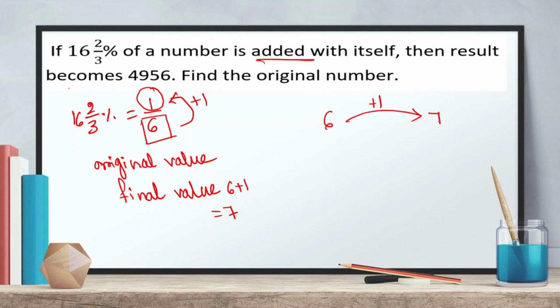Final value is 7. Now we got that final value is 4956 and we need to find the original number. That means how much is the original number. So we have to find how many times of 7 is 4956. So let's see.